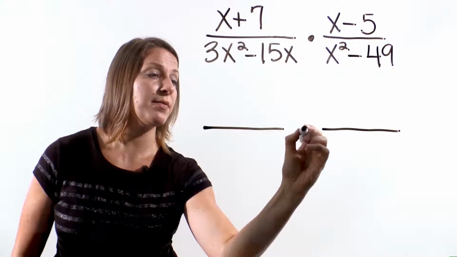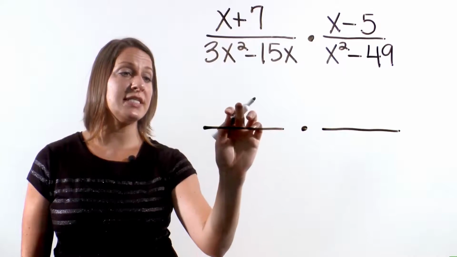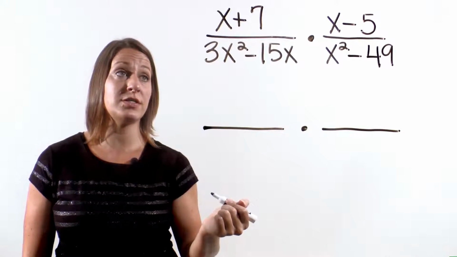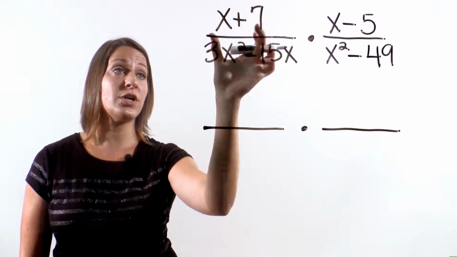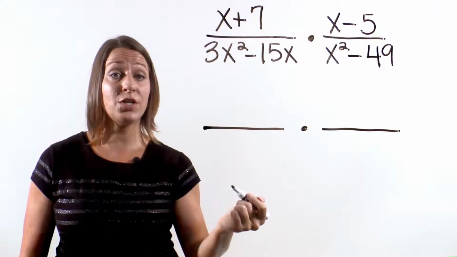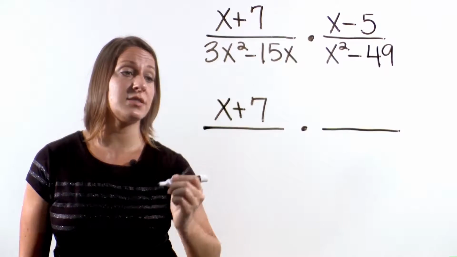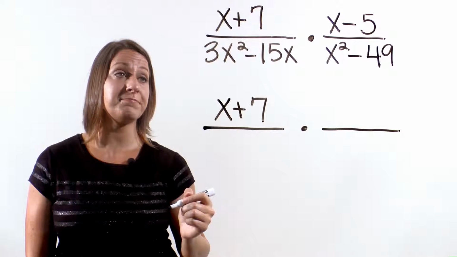So we're going to rewrite the problem, and we're going to attempt to rewrite as many of the numerators and denominators as possible. The first numerator, x plus 7, there's really no way to rewrite that. So we'll put x plus 7.